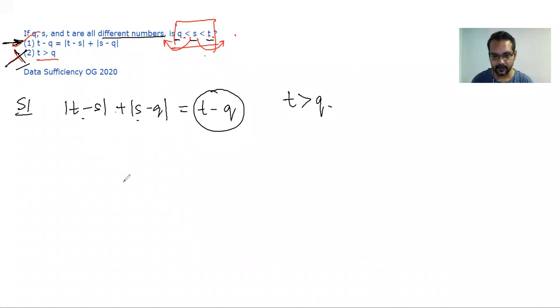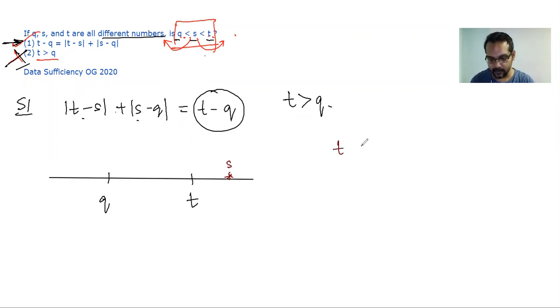Now, if I look at the first statement again, and we know that t is greater than q, let us plot the numbers q and t on the number line, t being greater than q. And now look at positions of s. S could be here or here or here. Now, what does modulus mean?